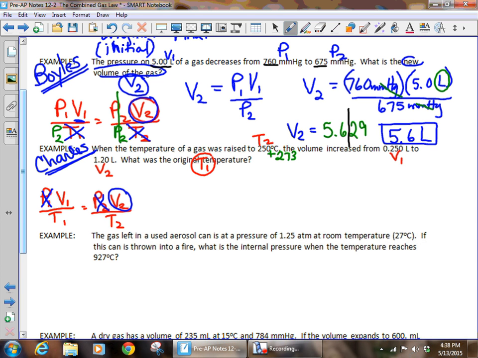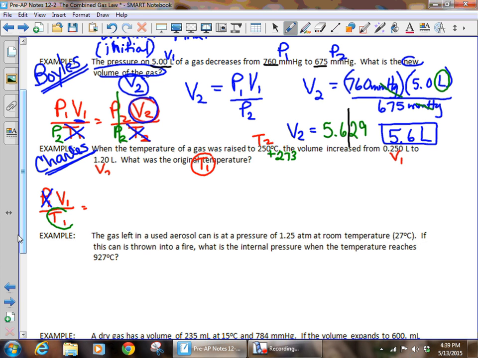And now, the bane of existence for pre-AP and AP students everywhere, solving for a bottom variable. I just circled V2, didn't I? I did not mean to up there, so I'm going to erase that circle off, rewrite that a little bit.